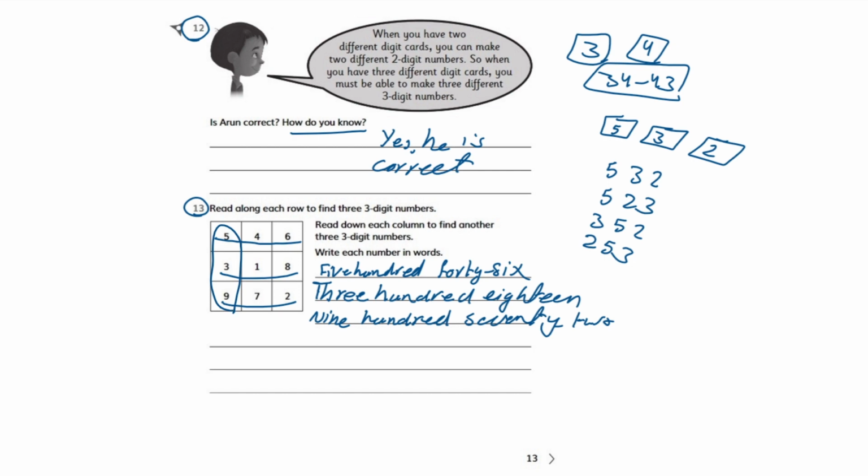In this column we have 539, and the second column we have 417, and the third column we have 682. So the number in the first column is 539.